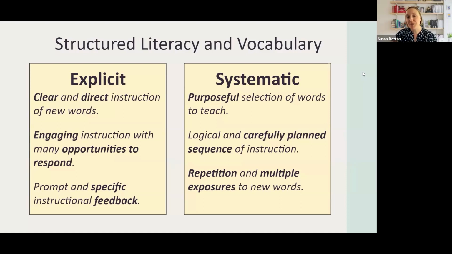We also want to make sure that we're including repetition and repeated exposure to words. Having multiple exposures to new words will really help them learn it at a deeper level and remember it long term. So that's something we want to think about building into our instruction in a systematic way.